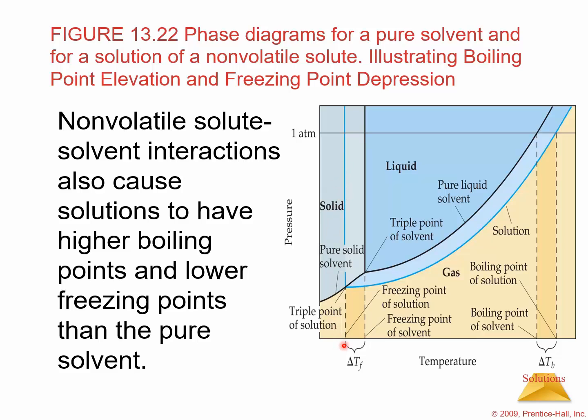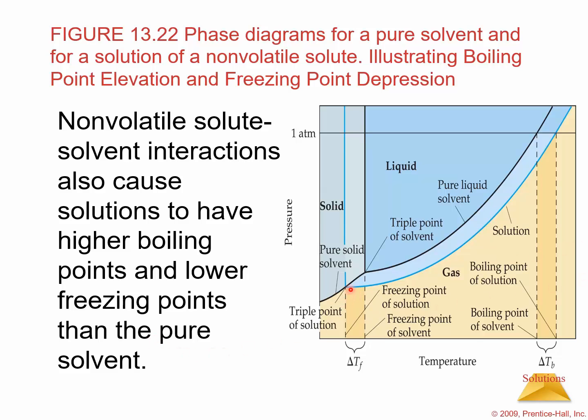So we can say that the freezing point of the solution is lower than that of the pure solvent. So non-volatile solute-solvent interactions cause solutions to have higher boiling points and lower freezing points than the pure solvents.